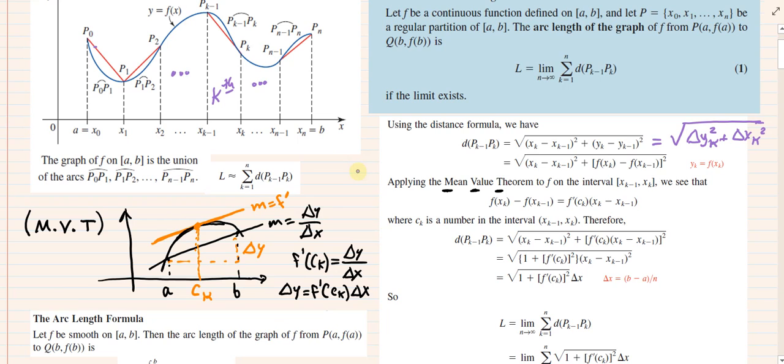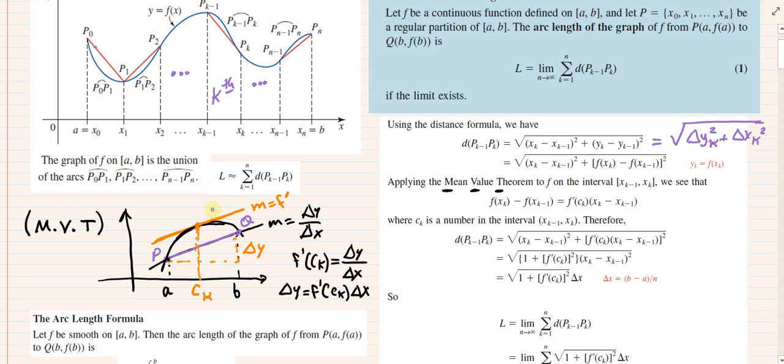If you remember, the mean value theorem tells us if we have a continuous function on a closed interval from a to b, and if we actually draw a secant line, which I have in this case, from some point P to point Q, it is possible, because of the continuity of the function, to find another line that has exactly the same slope that is tangent to the curve. And the red line is the line in question here.